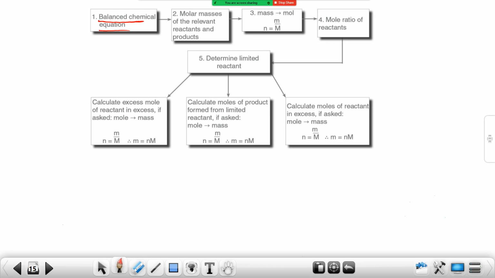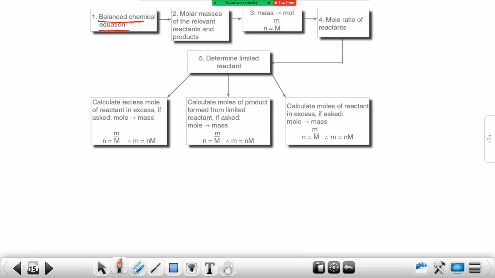Once I am given a chemical equation, before I can attempt to answer, that chemical equation must be balanced. It is your duty and responsibility to ensure it's balanced. If it's not balanced, then you cannot work with that particular equation.